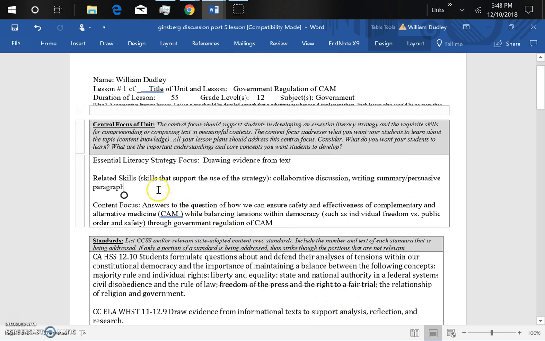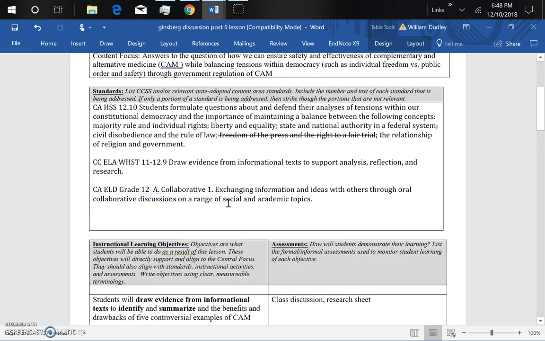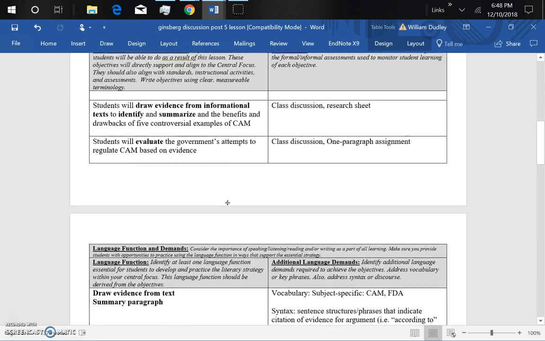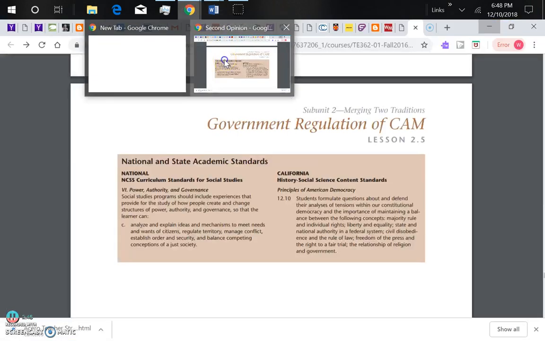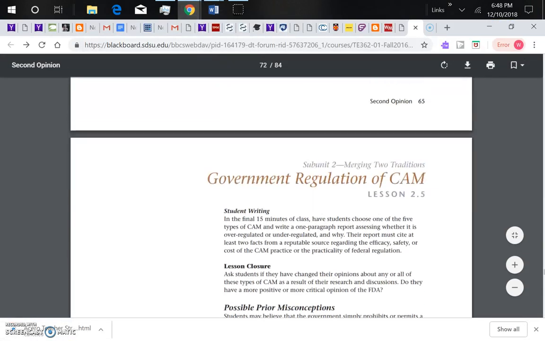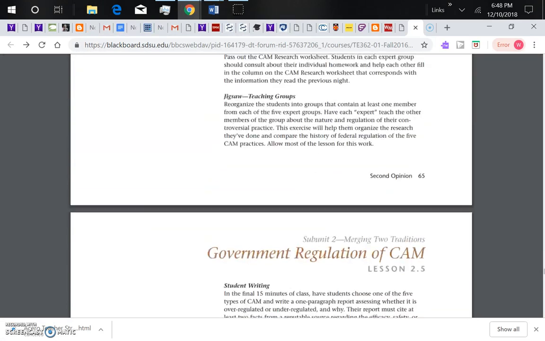So now that I had this strategy focus and related skills and content focus, it also will appear on the learning objectives: draw evidence from informational texts to identify and summarize benefits, and evaluate government's attempts. Again, these are a combination of the standards and what was found in the lesson plan here.